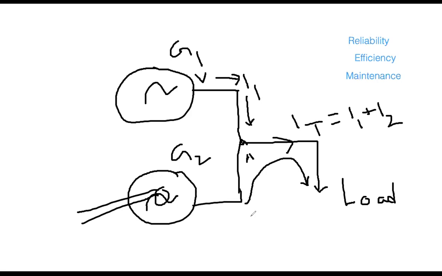Now the fourth bullet was the physical size. What is the meaning of that? Now you can make an argument that, hey, I don't want to use many generators. There are 100 generators, let's shut down 99 of them.